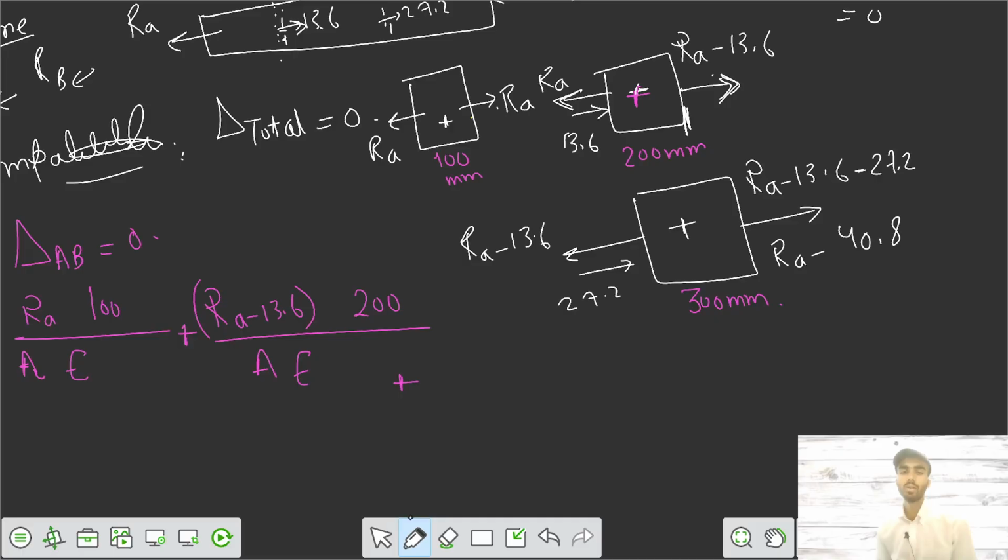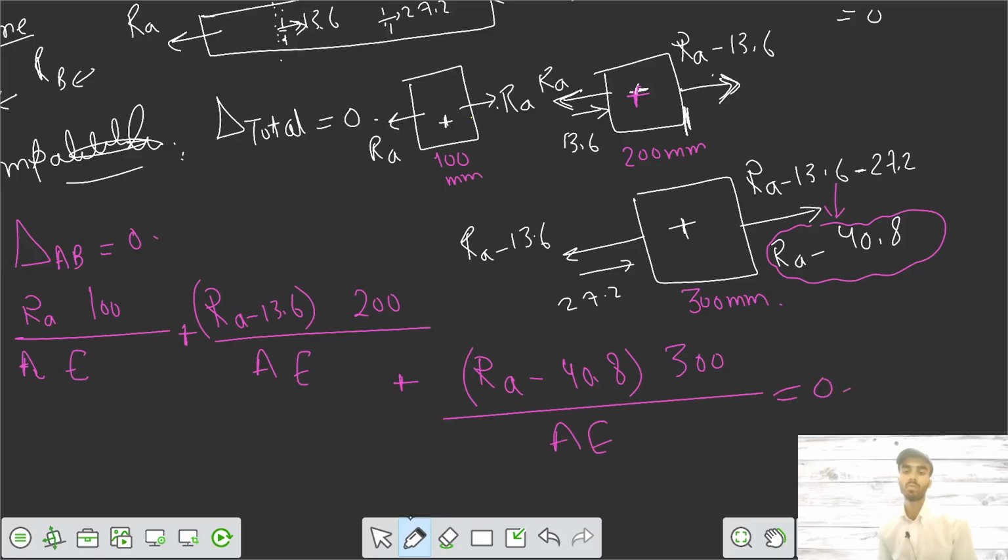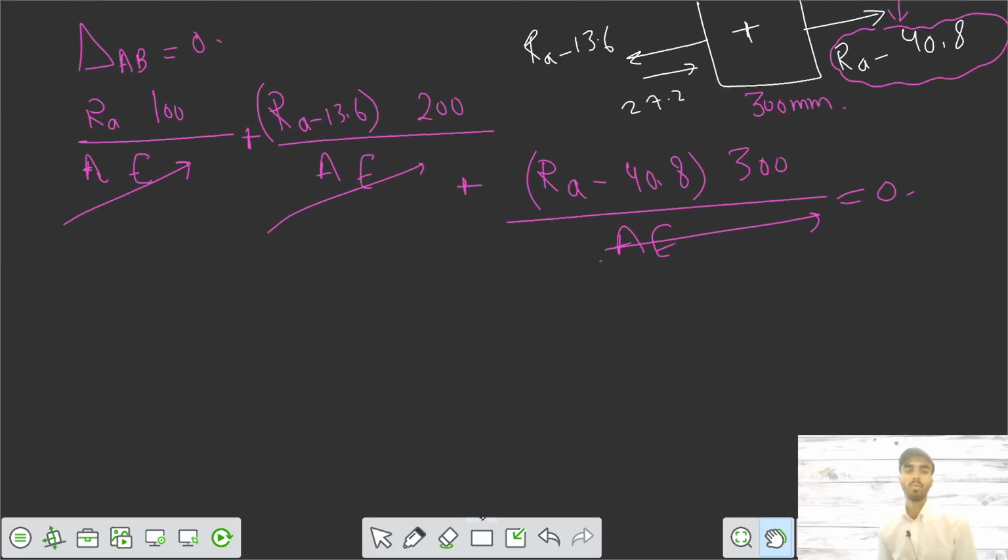And next one is part 3, that's RA minus 40.8 times L by AE equals 0. AE goes to 0. You can solve this equation.